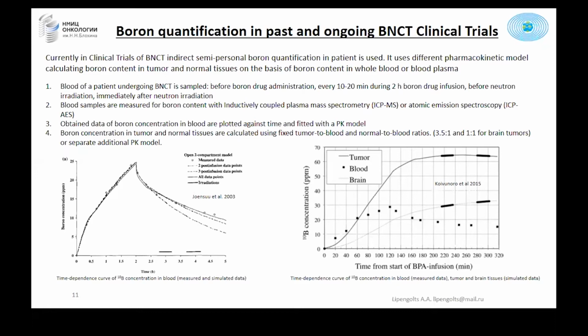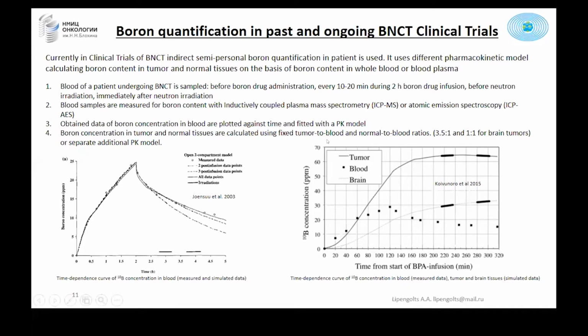But later, Japanese scientists developed an additional pharmacokinetic model to calculate boron content in tumor tissues and normal tissues based on the boron concentration in blood.